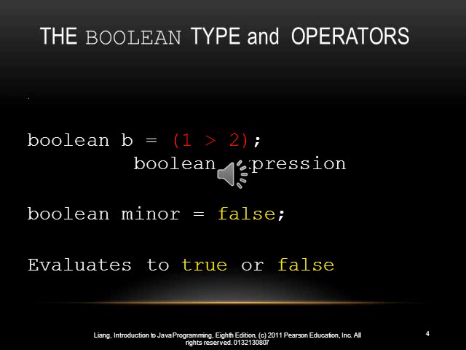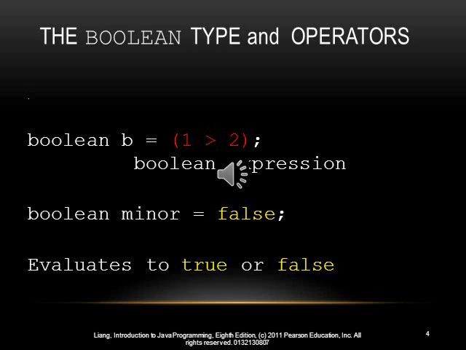If we look at the example where we are initializing the Boolean B to what is returned by the Boolean expression 1 greater than 2, what would be returned? Is 1 greater than 2? If it is, B will be true.